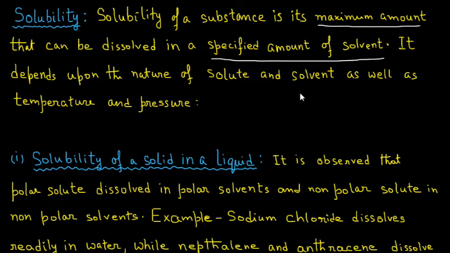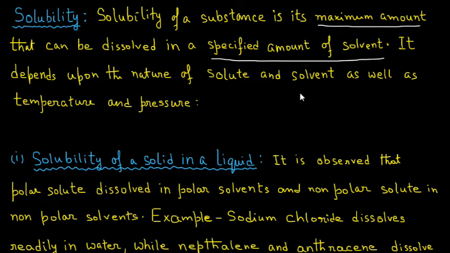It depends upon the nature of the solute, nature of the solvent, and temperature and pressure. For example, 1 teaspoon is dissolving in 1 glass of water, say 100 ml of water. It is fine. Now, if we try to dissolve 2 teaspoons, that is 20 or 30 grams of salt, into that much water, it is not getting dissolved.